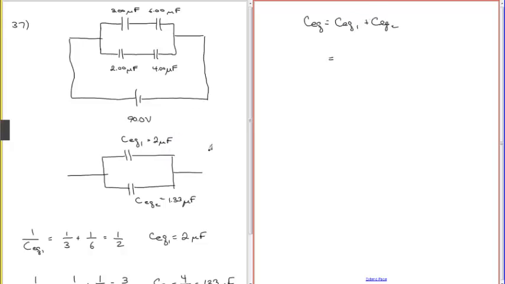It's 2 microfarads plus 1.33 microfarads, which is 3.33 microfarads. So that's the answer for part A: the equivalent capacitance of the system.